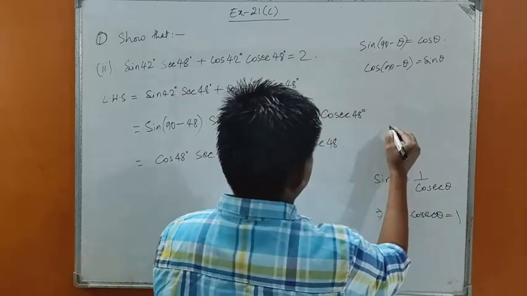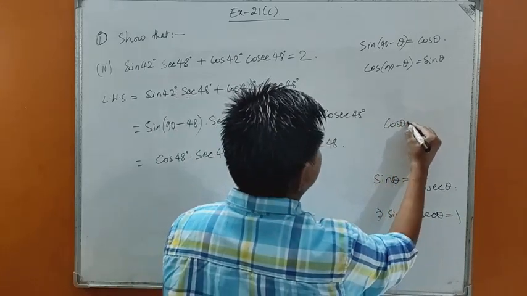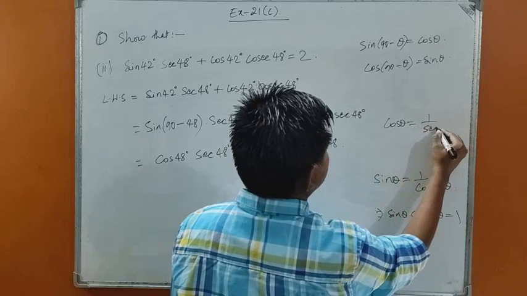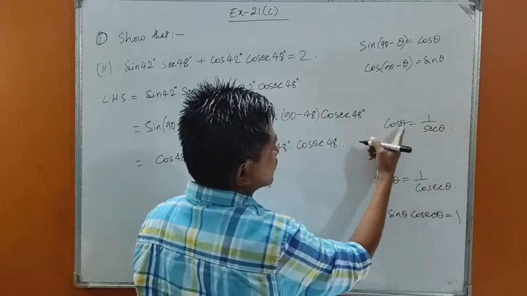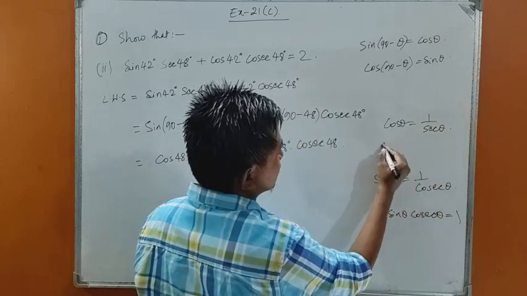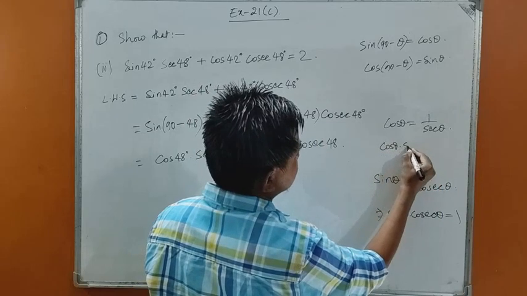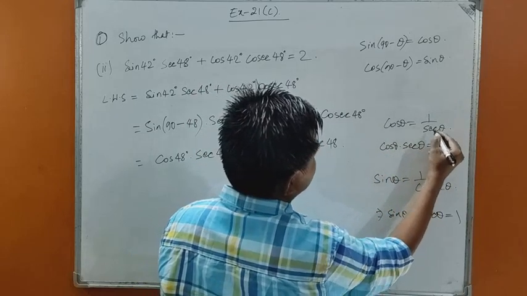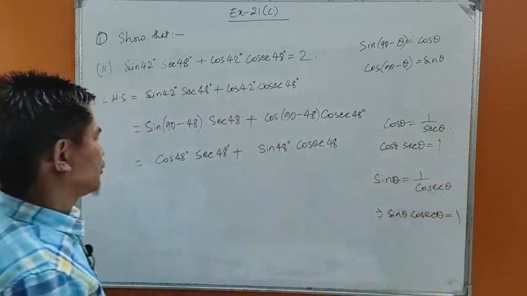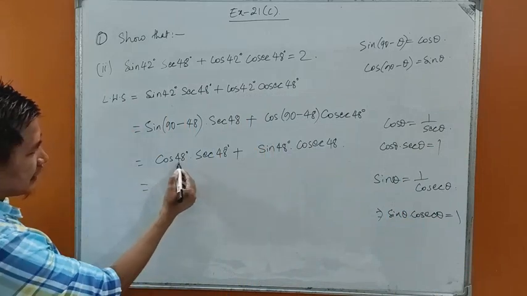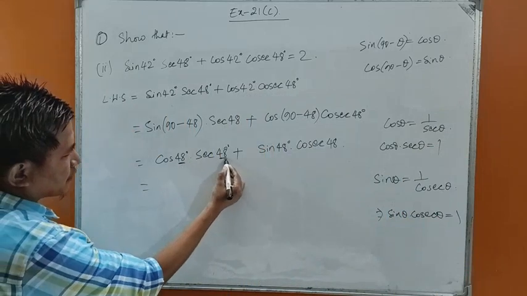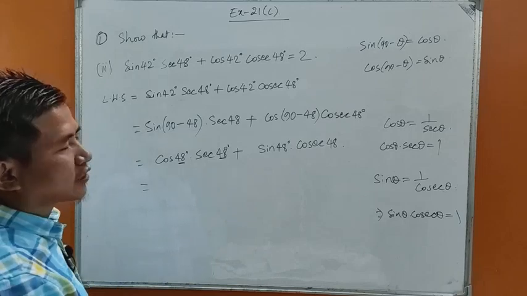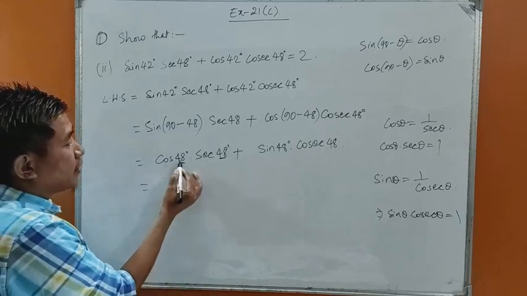Similarly, cos theta equals 1 upon sec theta, so cross multiplying, cos theta into sec theta equals 1. Here theta is same, angles should be same. If the angles are different, then the result will not be 1. Please keep this in mind.